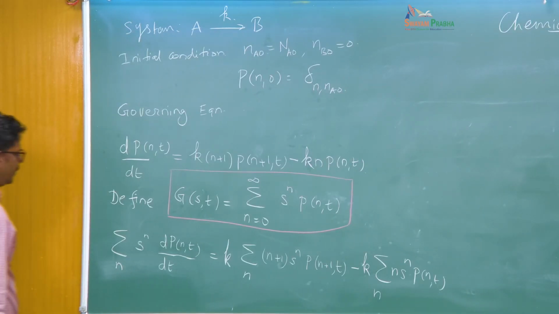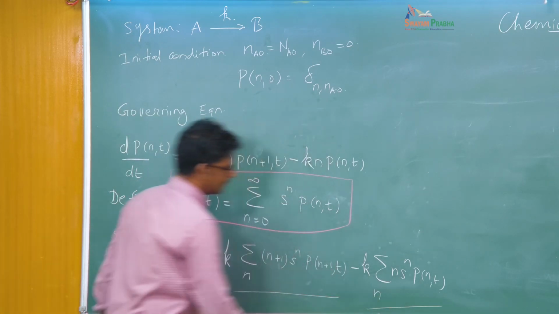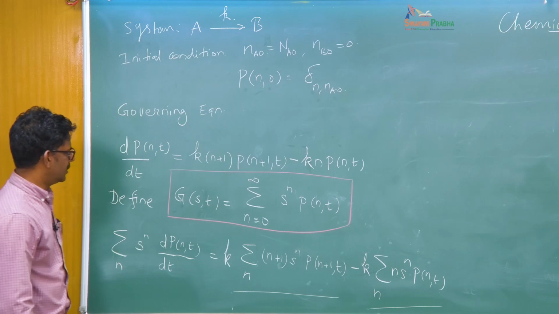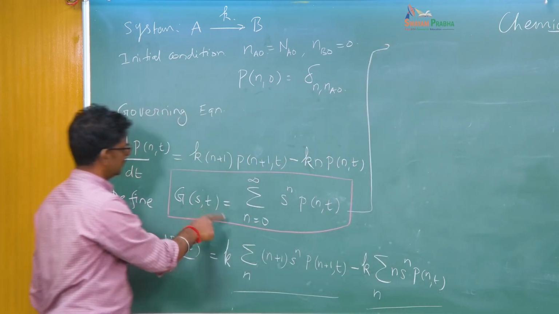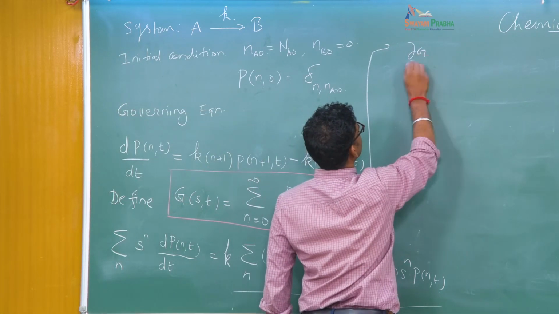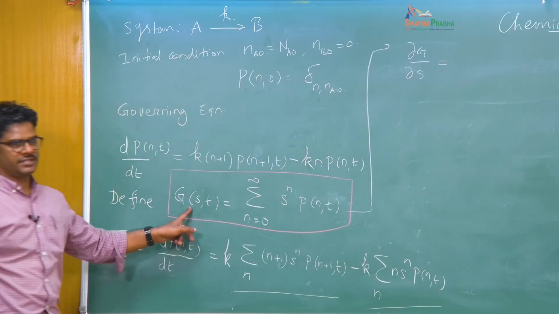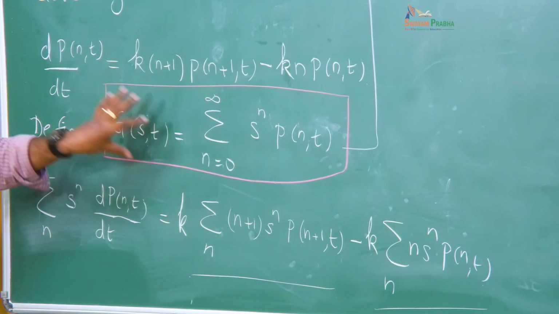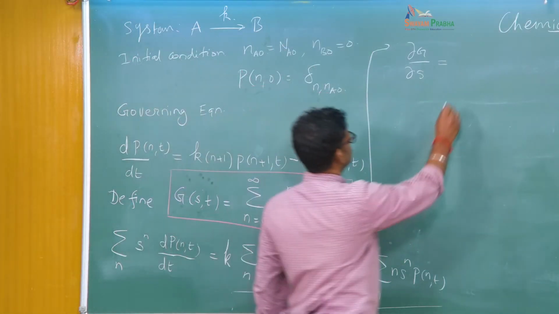Now we need to deal with these terms. In order to do that, first we take the definition itself and do the partial derivative dG/ds. G is a function of both s and t, and I take the partial derivative with respect to s. What do I get?